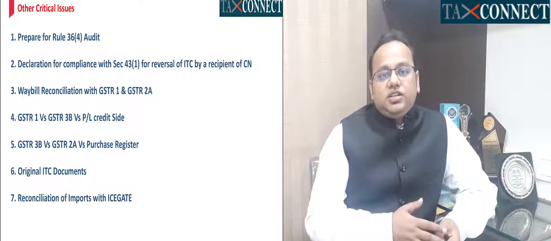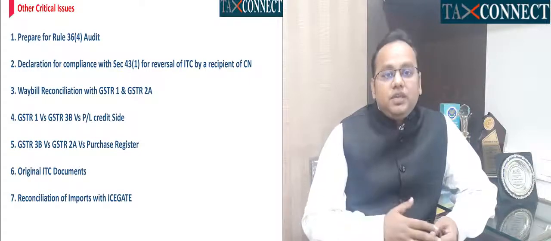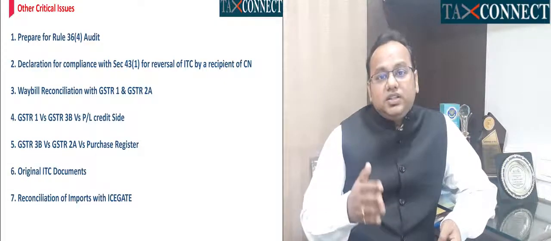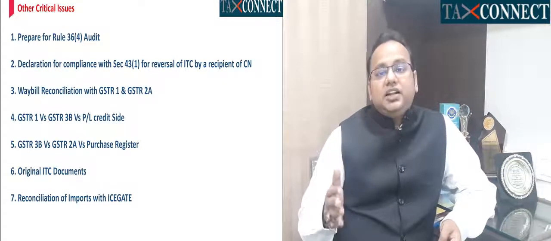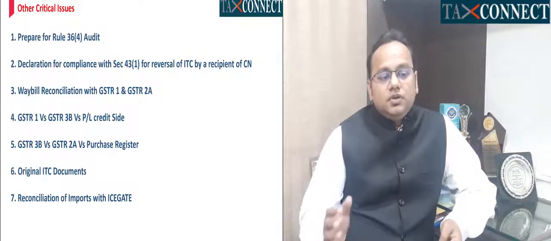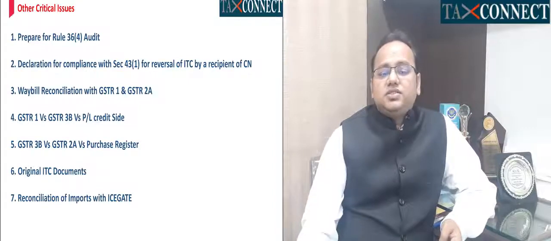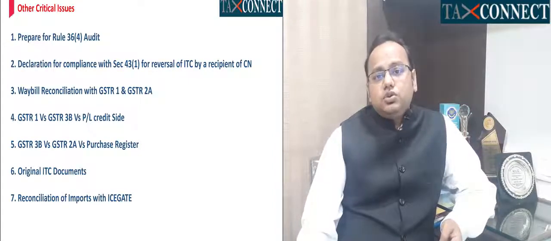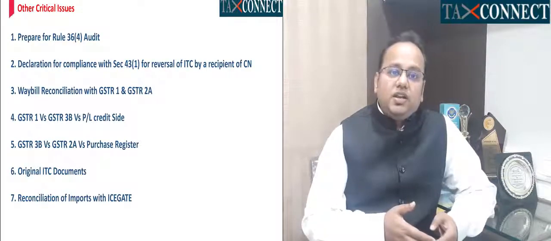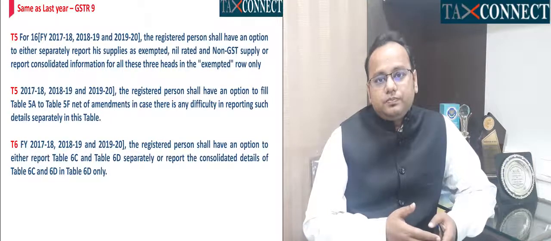Waybill reconciliation vis-a-vis GSTR 1 and 2A is again now important with the GST law streamlining and the department becoming more stringent. GSTR 1 versus 3B, GSTR 2A versus 3B, those are issues which are regular in nature and which need to be followed in the current year also.